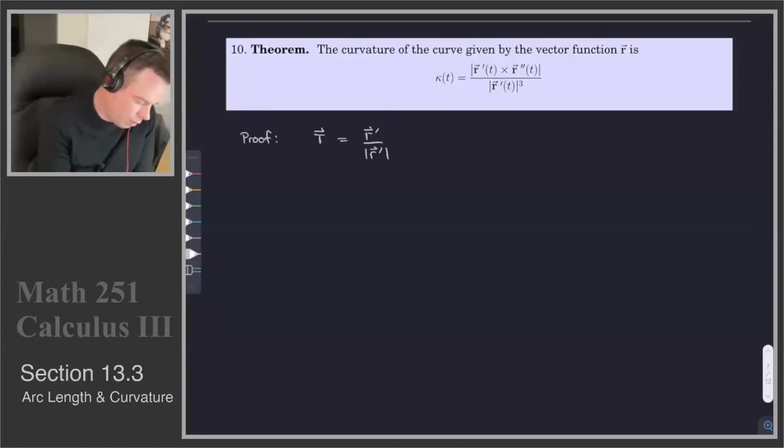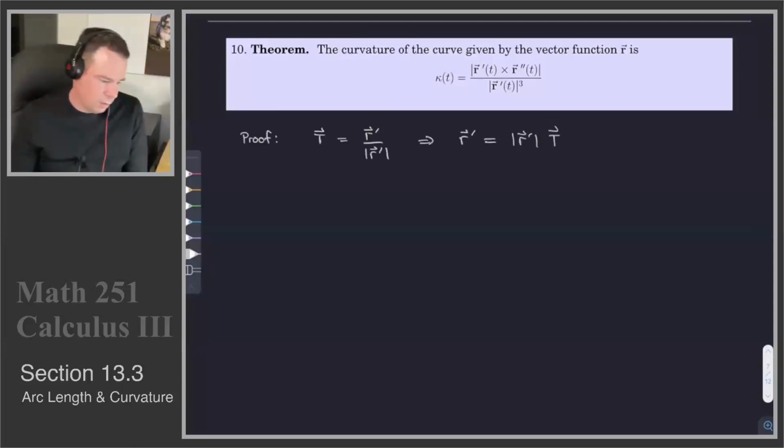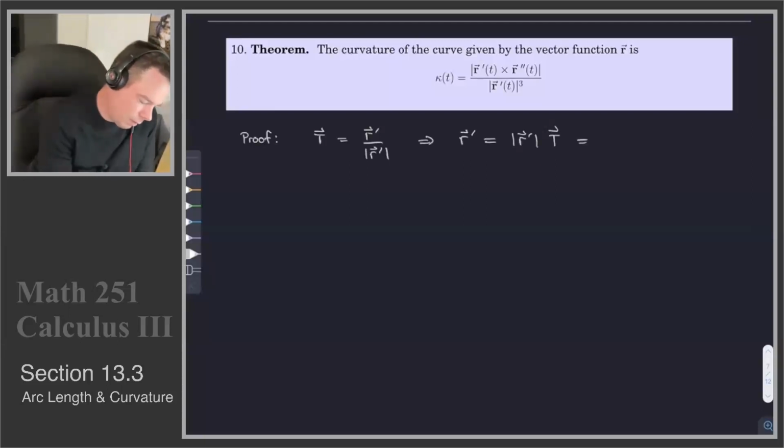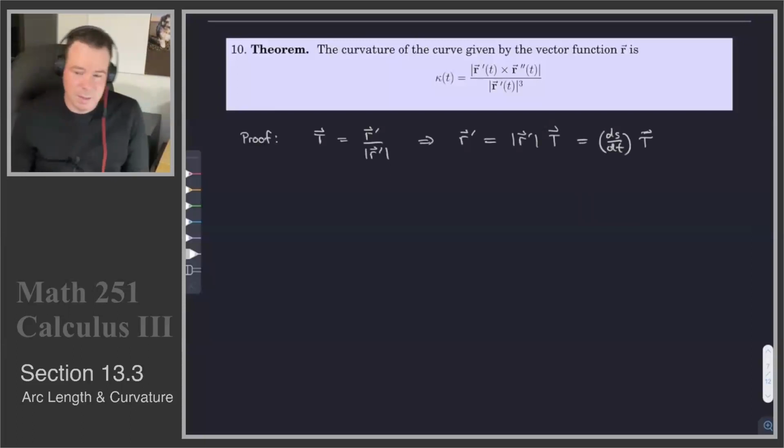So I've got my unit tangent vector. That means I can rewrite r prime as the magnitude of r prime times the unit tangent vector. But the magnitude of r prime is just ds/dt. So I'm going to rewrite it like this, just because it's going to help me in my next step.